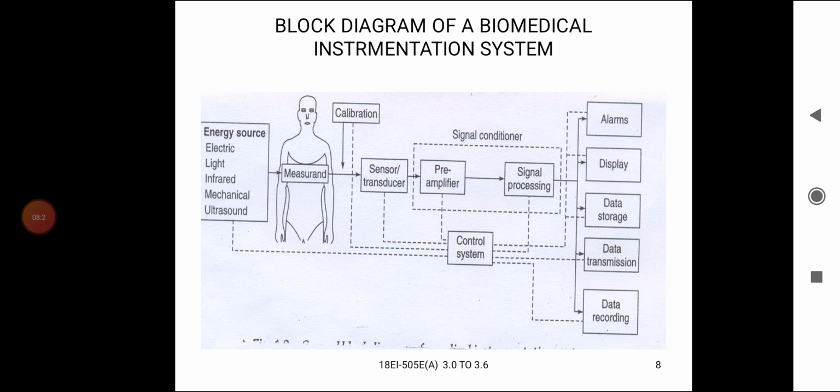The energy source, such as electric, light, infrared, mechanical, ultrasound, various diagnostic systems and sources, and the measurement system where the patient is lying, then sensor and transducer, signal conditioner, preamplifier, signal processing unit, control system, and lastly alarms, display, data storage, data transmission, data recording. These all come under the display and recording systems.